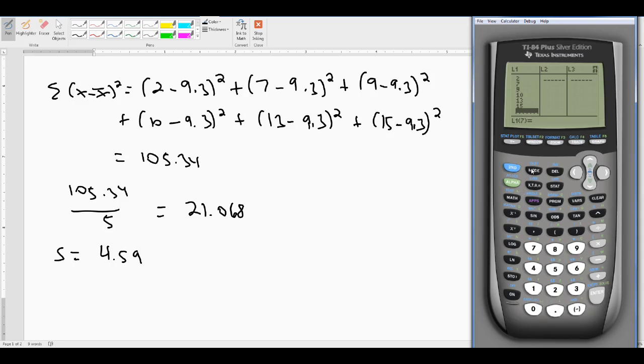I'm going to get out of there, second mode, which is quit, go back to stat, going to go to calculate. It's on one of our stats because that one is highlighted, so I'm going to hit enter, and then keep hitting enter until I see the numbers I'm looking for. Sx, see that? 4.59. Checks out. That's all you do.